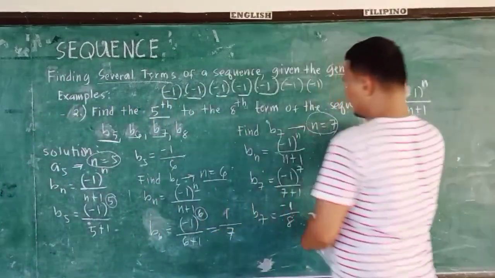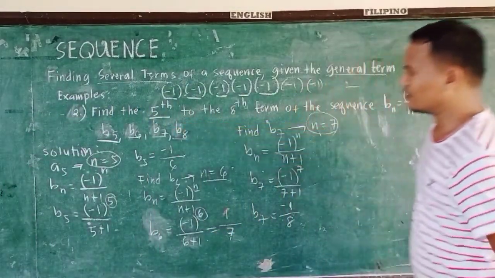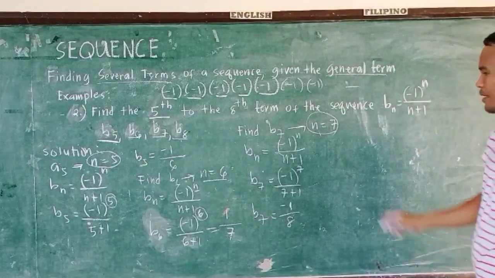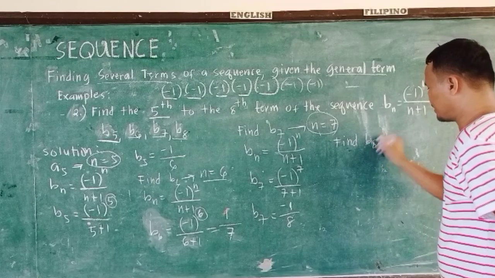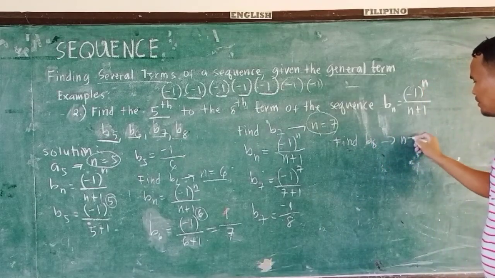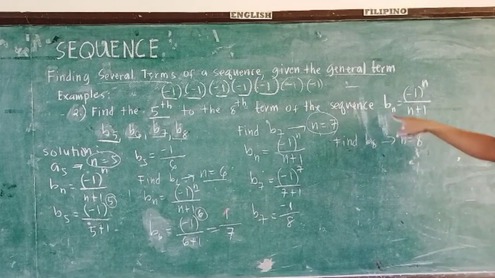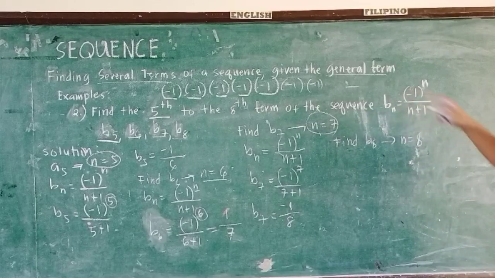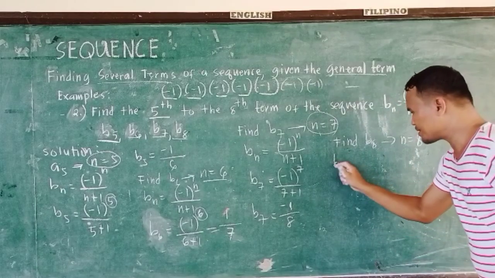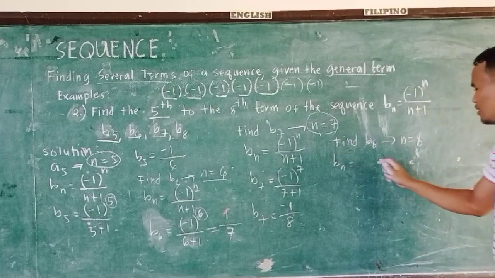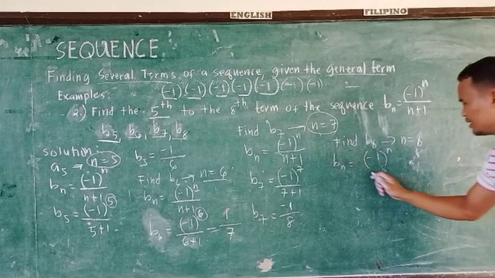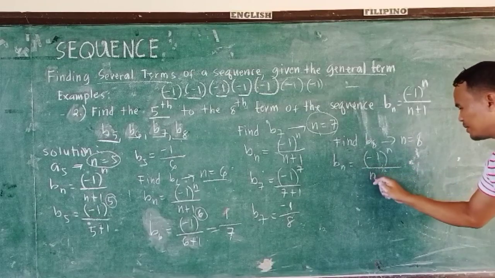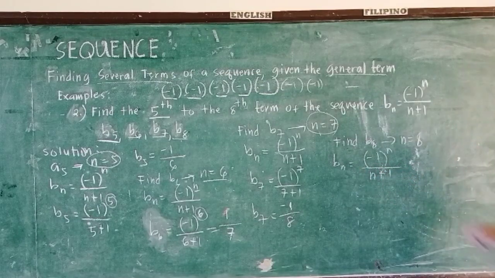Next is find the 8th term, or b sub 8. So find b sub 8. It implies again n is equal to 8. So using this general term, b sub n equals negative 1 quantity raised to the power of n over n plus 1. Substitute the value of n, which is equal to 8.